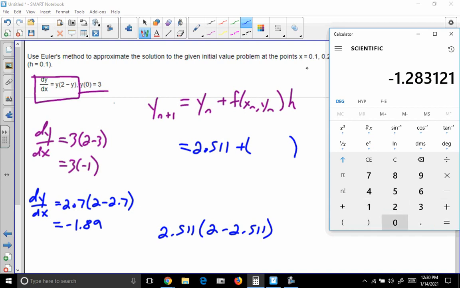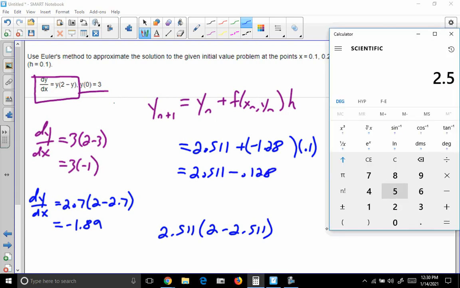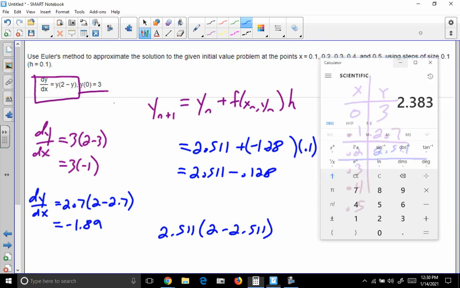We get negative 1.28 times our delta x. So we're going to be doing 2.511 minus 0.128. That gets us to 2.383.